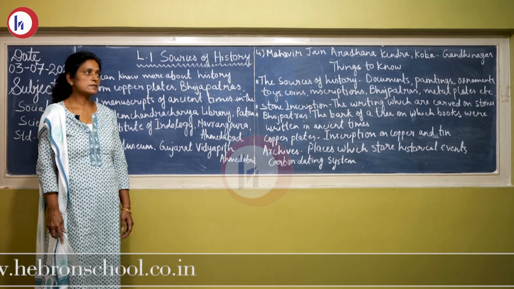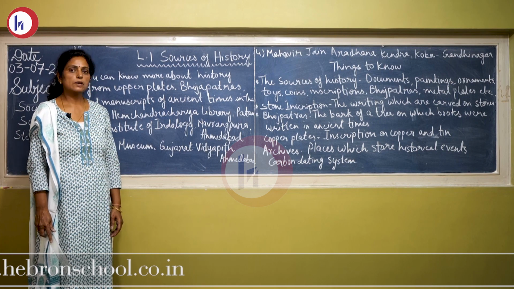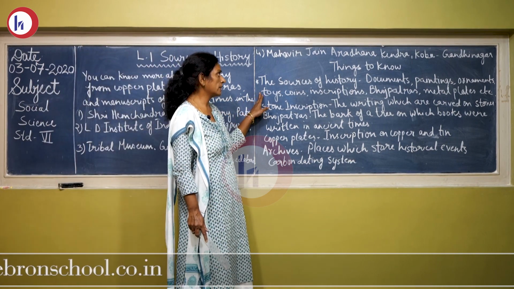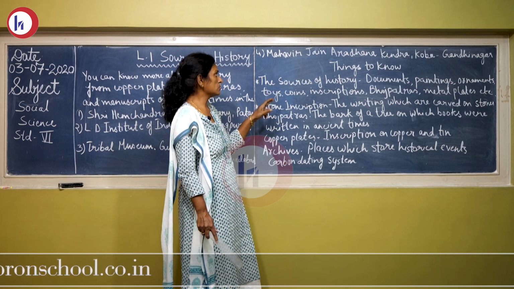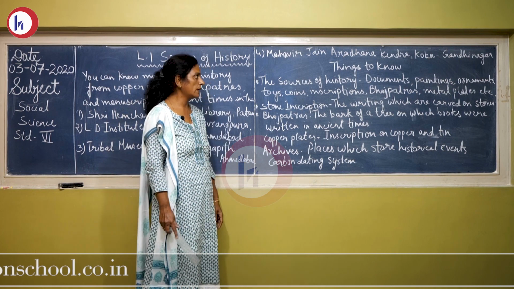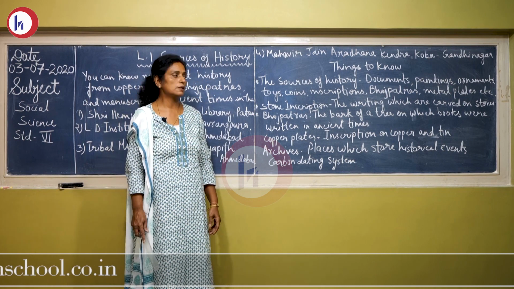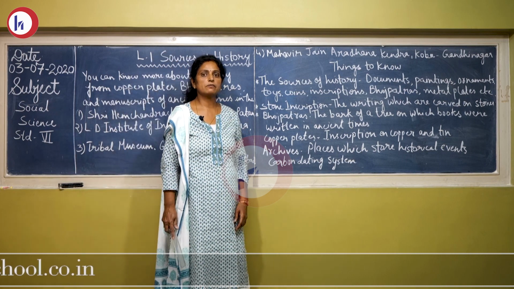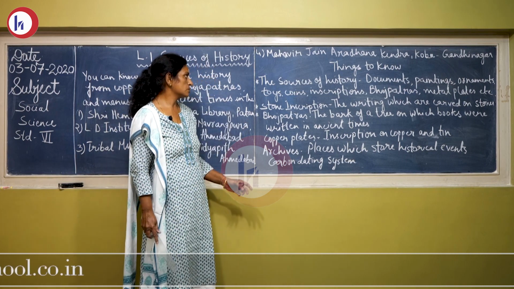At the end of my session, I would like to explain the things to know. The sources of history. I already told you the sources of history are documents, paintings, ornaments, toys, coins, inscriptions, Bhojpatras, metal plates, etc. What is stone inscription? The writing which is carved on stones.